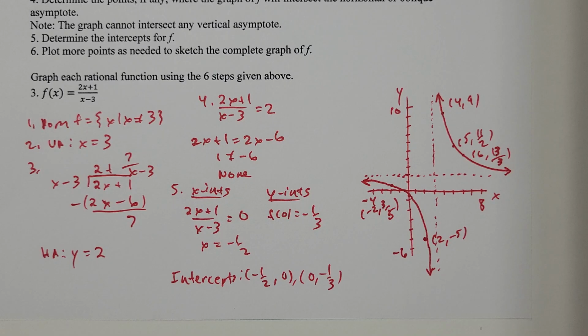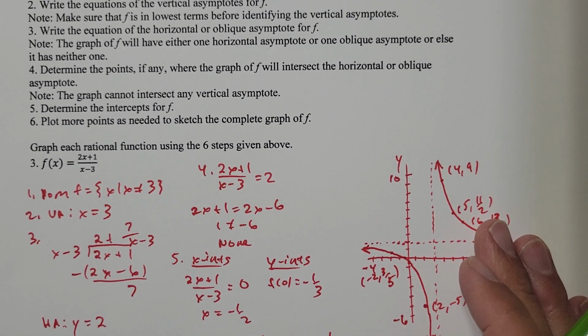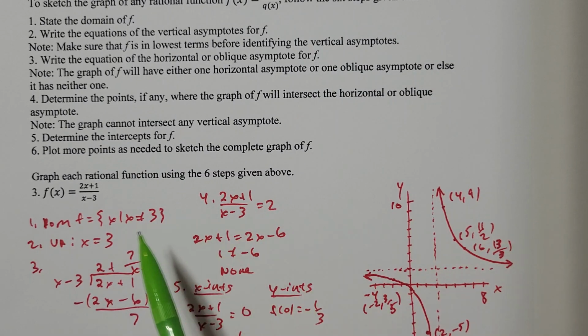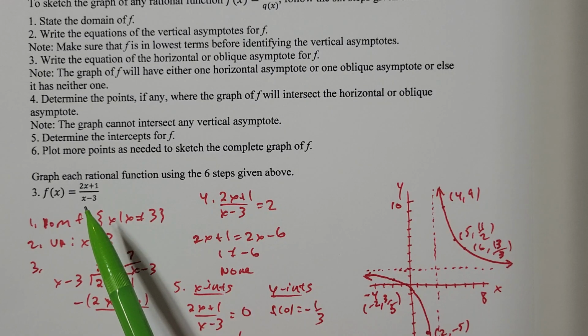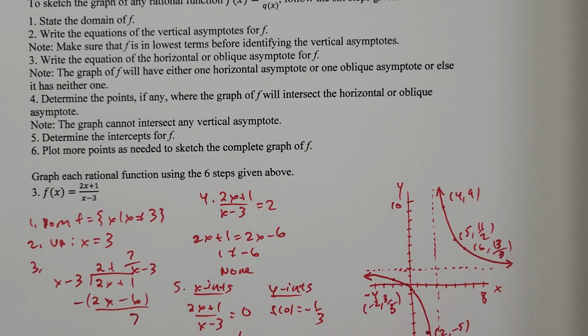All right, so here's the function that we have. We've got f of x equals 2x plus 1 divided by x minus 3, and I want to graph f of x. So step 1 is where we have to state the domain of f. I know I can't divide by 0, so just don't let x be 3.